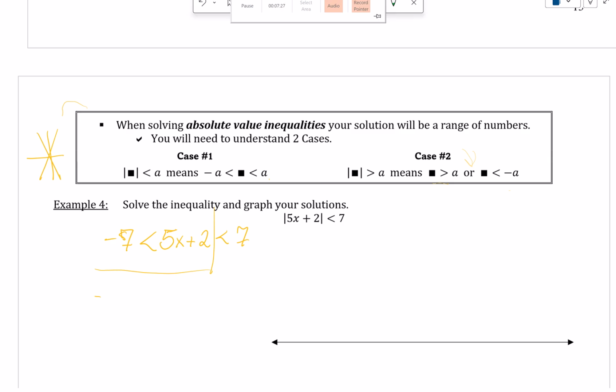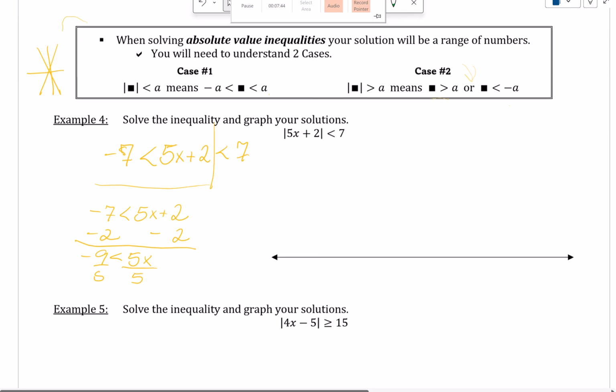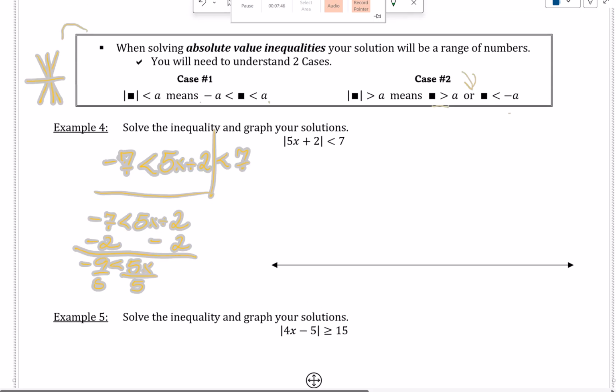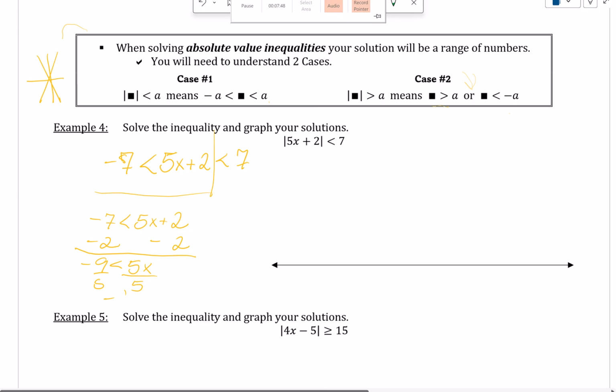So we could do -7 is less than 5x plus 2, subtract 2. -9 is less than 5x, and then divide by 5. And this is an and, so we're only going to shade the part where they're both true. So -9/5 is less than x, or we could also write that as x is greater than -9/5.